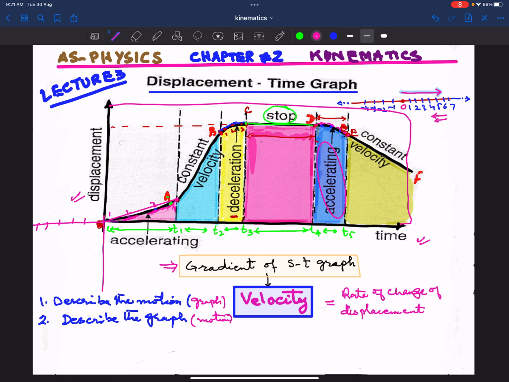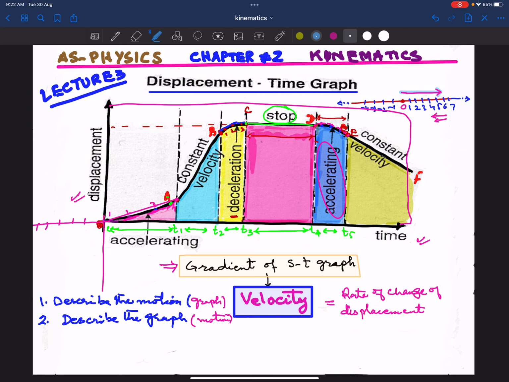What is negative velocity in what sense? Not in the sense of decrease, but in the sense of the opposite direction. So from D to E, the velocity has changed its direction and is increasing in its value. This is very, very important. Because of that, we can say that the body is accelerating between T4 and T5.